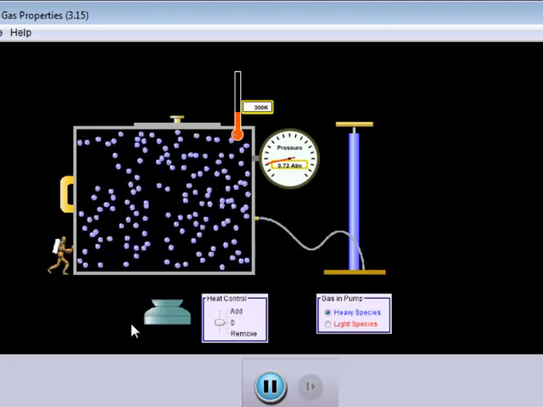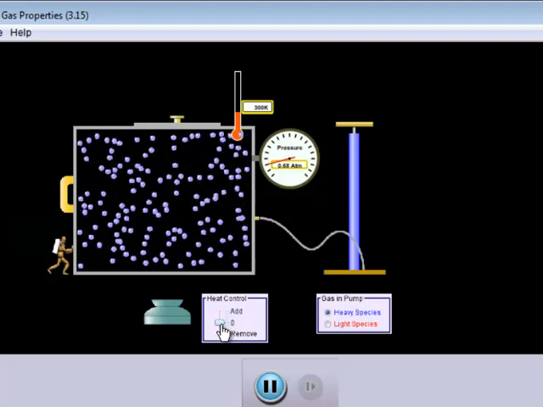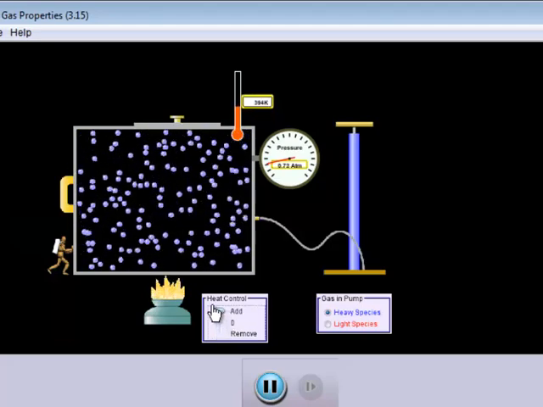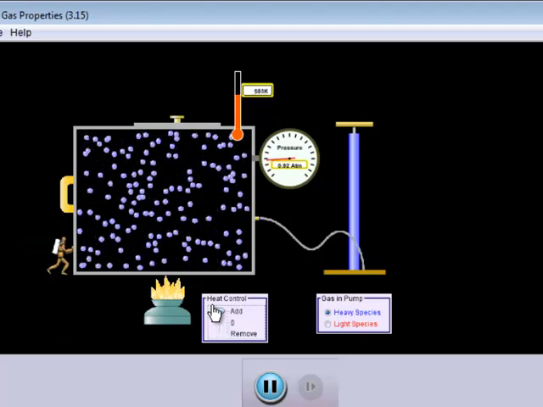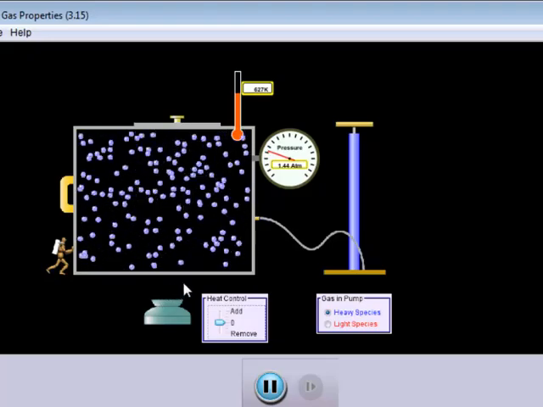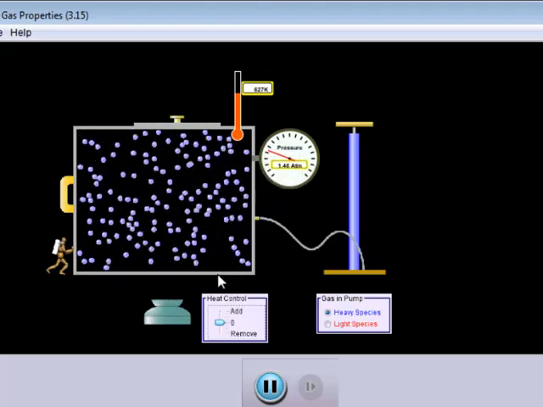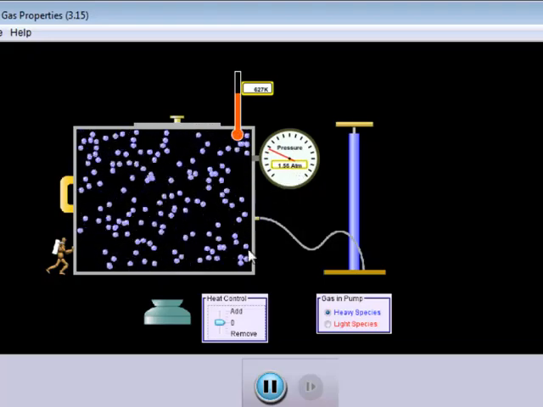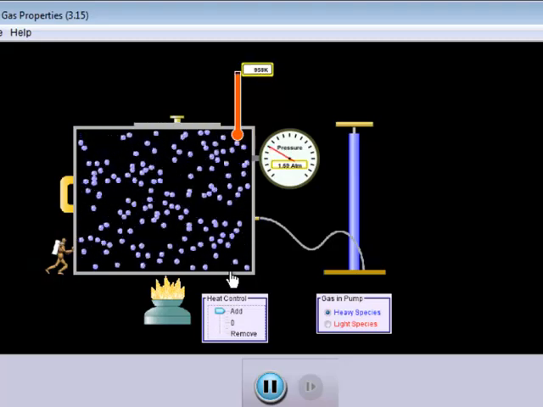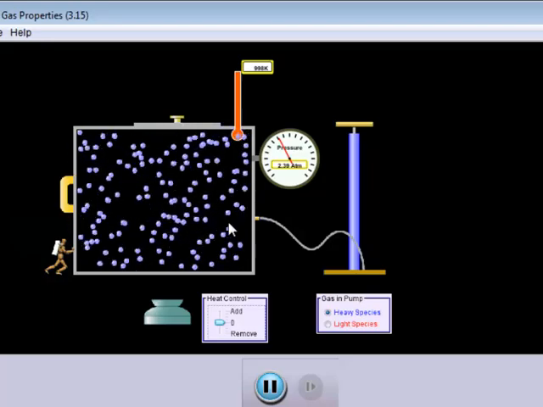If we increase the number of collisions per second, for example by increasing the temperature, which we can do here, we can see all the particles move faster, which means that they'll collide more often with the walls, which means that the pressure that we measure here will increase. So if you keep an eye on this pressure gauge, I'll add a little bit more heat. You can see that the pressure rises as we add heat to this gas.